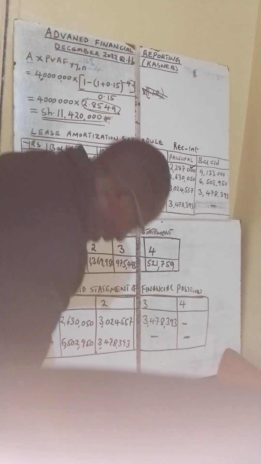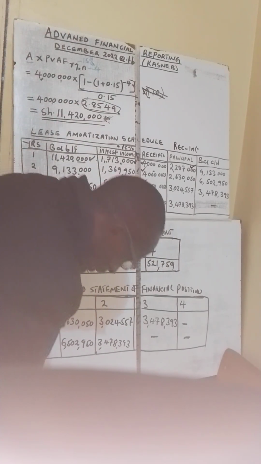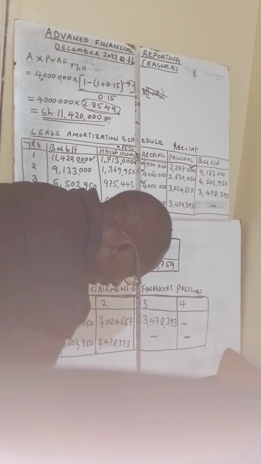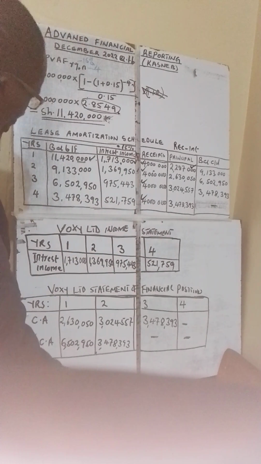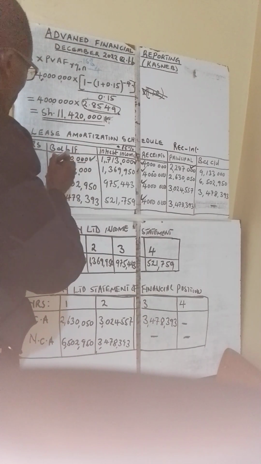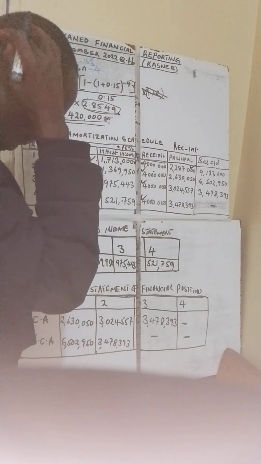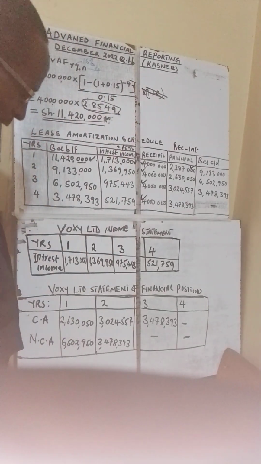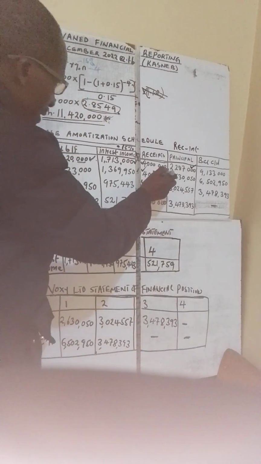Then the closing balance will be the balance brought forward, that is the opening balance, you plus the interest, and then you less the receipts.